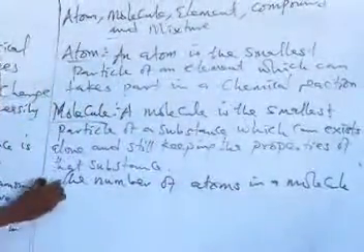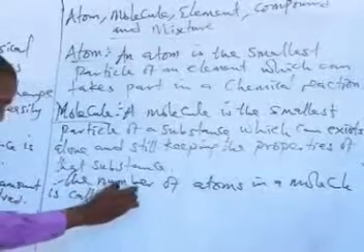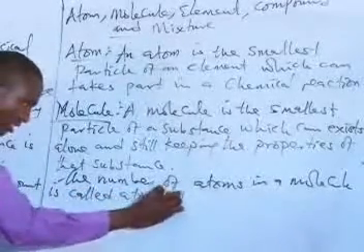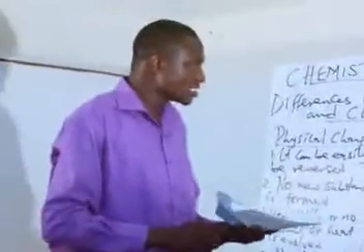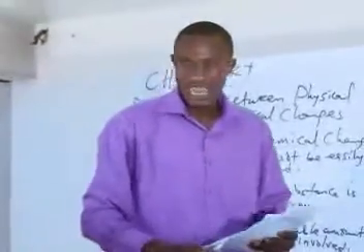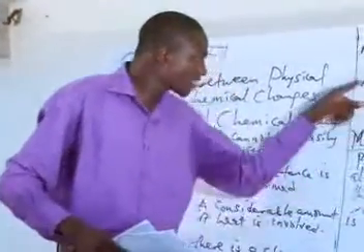What do I call it, class? Atomicity. Interesting. That atomicity is very important, and it relates both atom and molecule. Atomicity can be monoatomic if a molecule contains one atom. It can be di if there are two atoms in that molecule, and it can be poly. Anything more than two is what we refer to as poly.